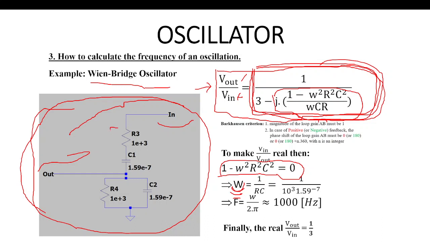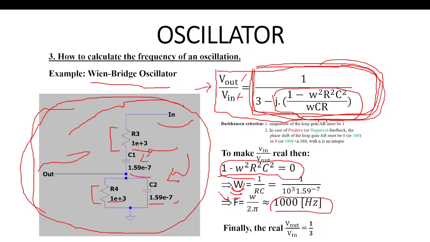In case we have resistors with the same value, and also two capacitors with the same value, we can calculate the frequency of the oscillation at the output. In this case, I choose 1 kilo ohm for each resistor and 0.159 microfarad for each capacitor.